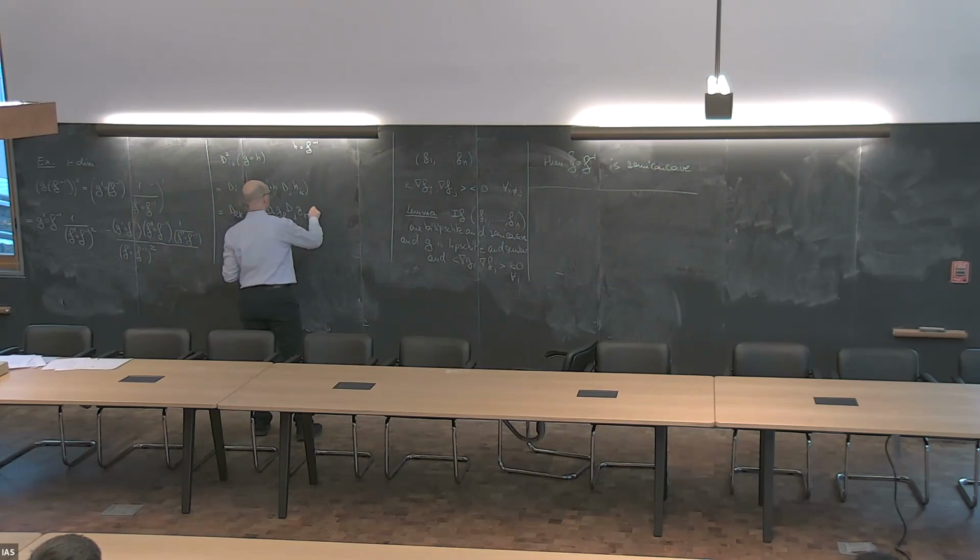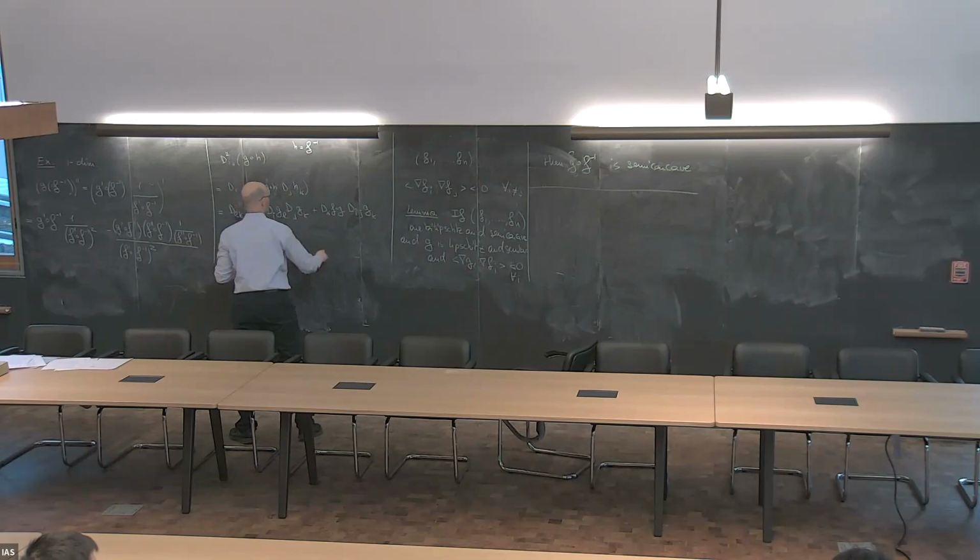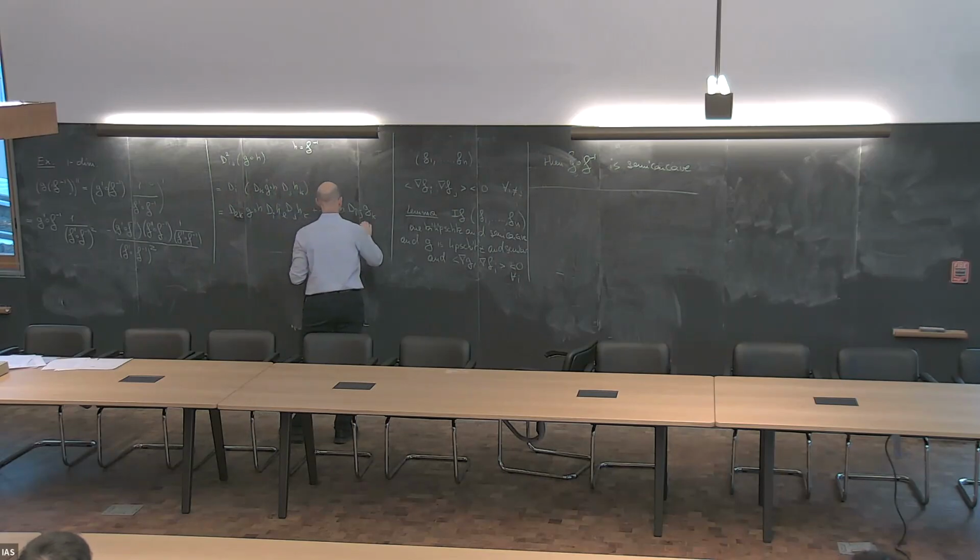Then there's going to be these other things. So, what am I doing? So G composed H. So these are H. These are H, and this is G composed H. This is H.